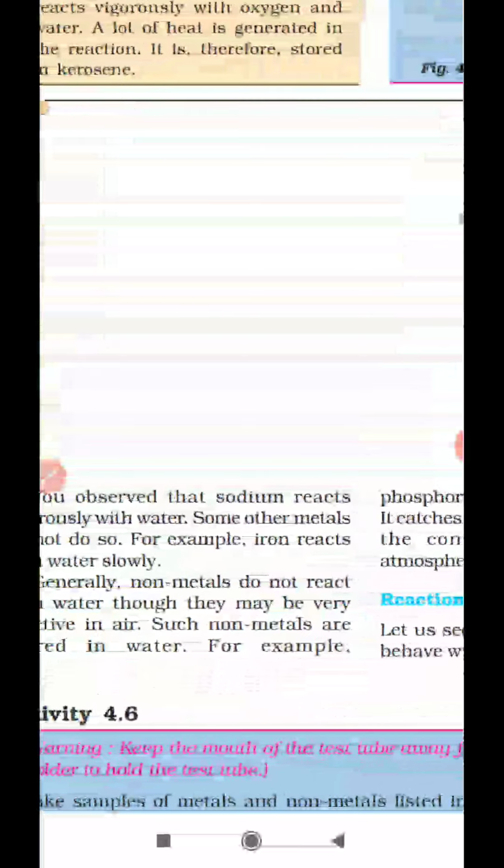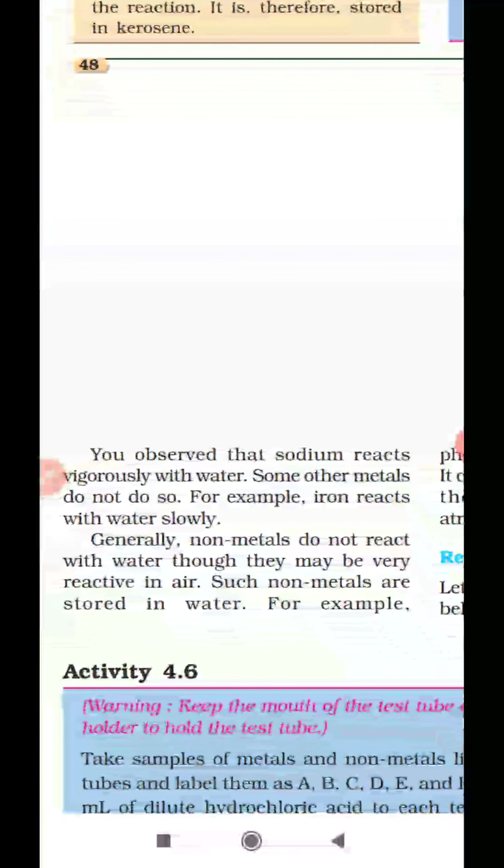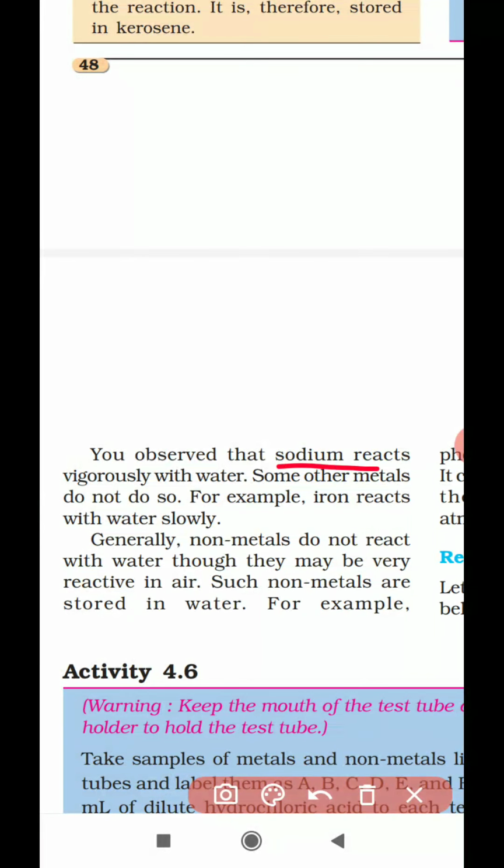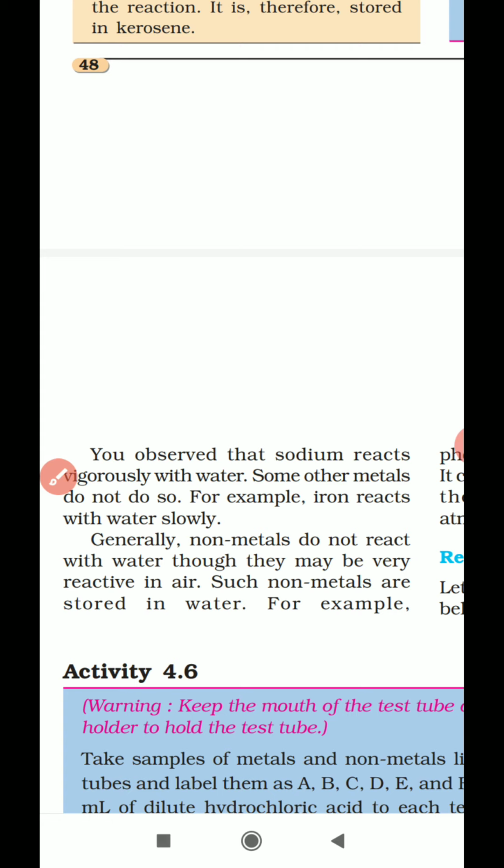Now let us learn what happens when metals react with water. As I said, sodium will react violently with water, whereas iron will react with water very slowly. It won't be as violent as in the case of sodium.